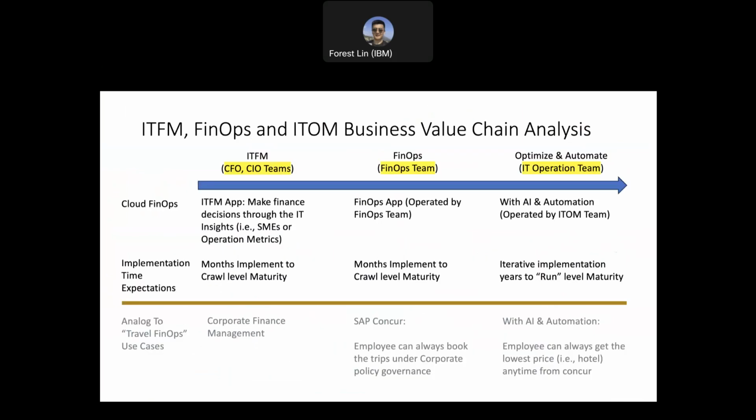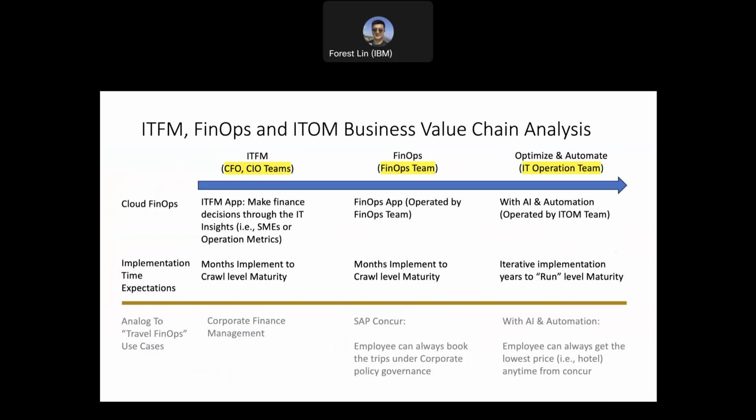Next, in these slides, I would like to go through the business value chain of the IT finance management, FinOps, and IT operation management. IT finance management is the upstream of the FinOps, which means the FinOps results need to be used by the IT finance management.